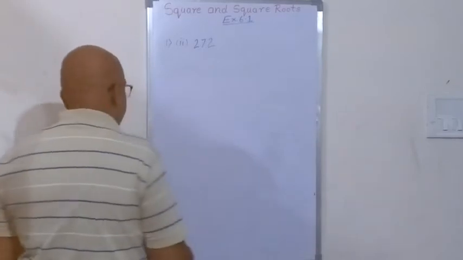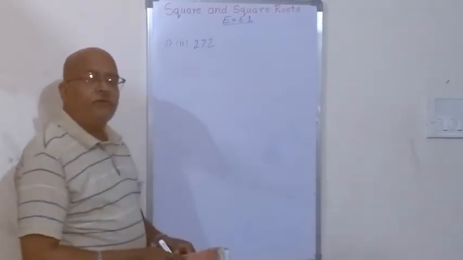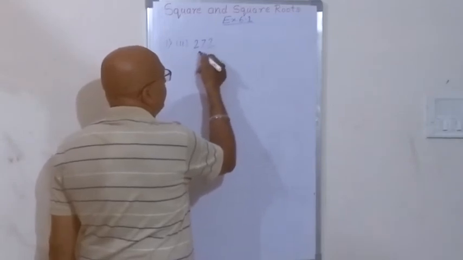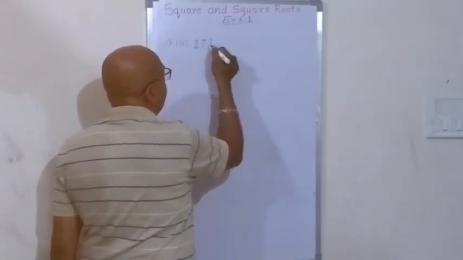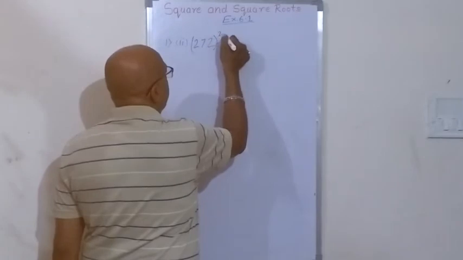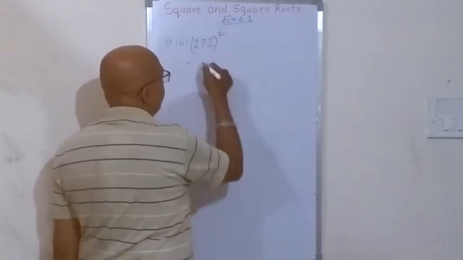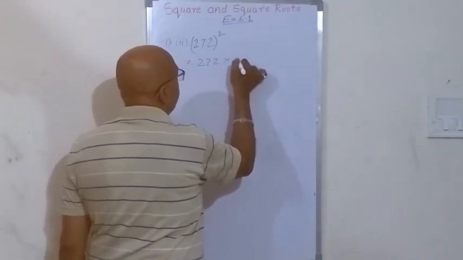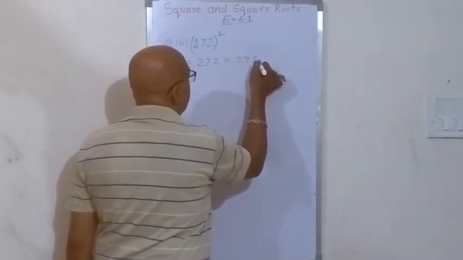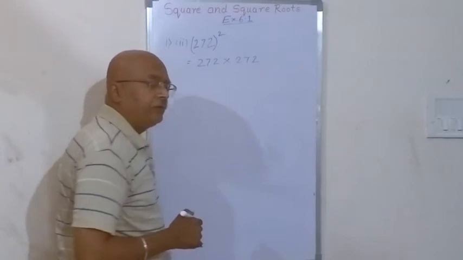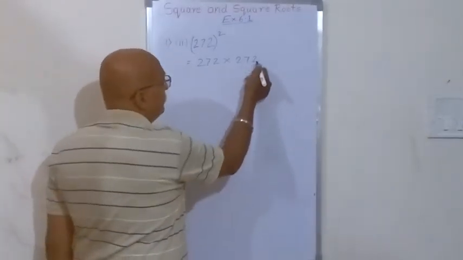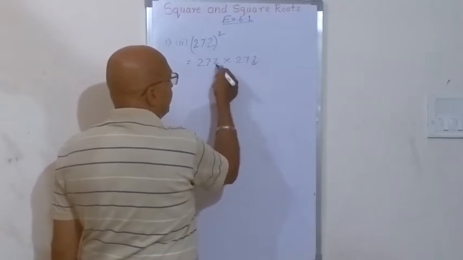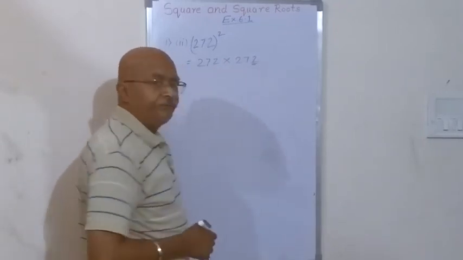So when we take the square of the number, what we do? We multiply this number with the same, or we can write it as square equal to 272 multiplied by 272. Now in this procedure, what we do? We first multiply the unit place number. We take the unit place number and multiply with all three.